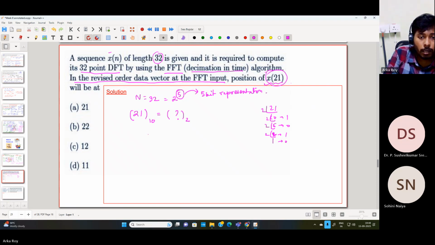So I can say that 21 in decimal is equivalent to 10101 in the binary domain.